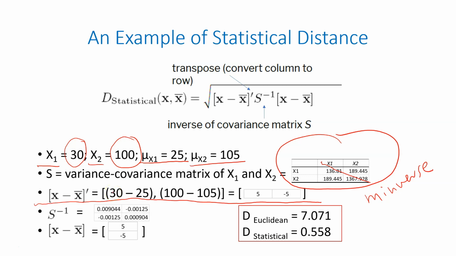And by using the MINVERSE function on the covariance matrix here, we are going to get the inverse of the covariance matrix that looks like this. We then create the matrix of the differences between the individual values and the means, which is the matrix in the column form with the values 5 and -5.